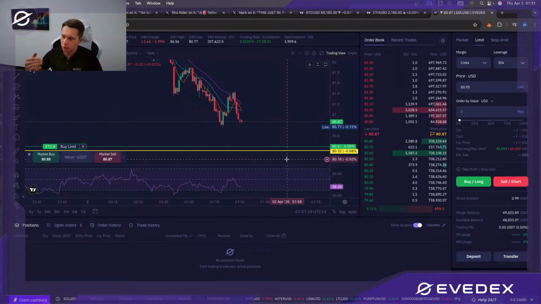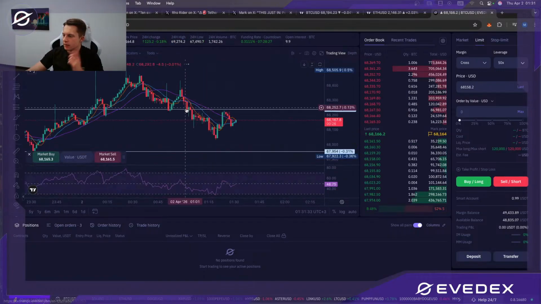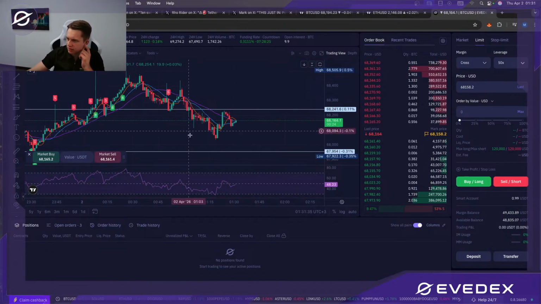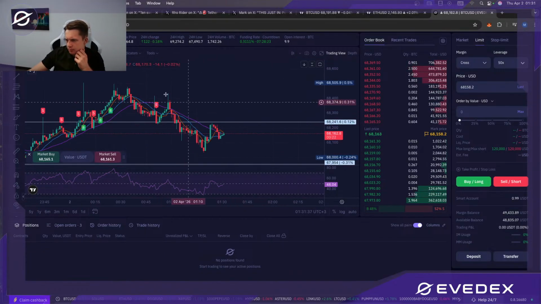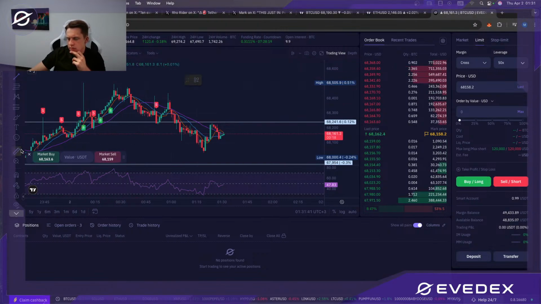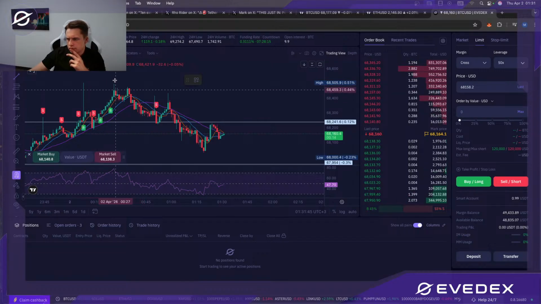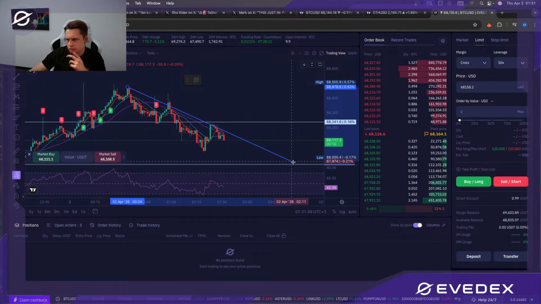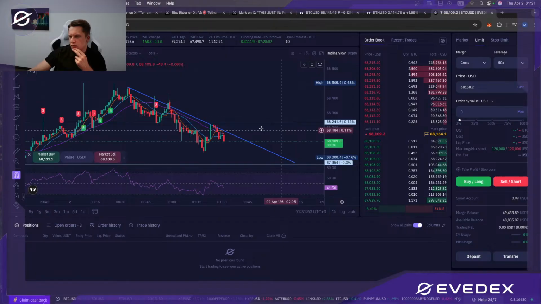So we are getting more bearish as we go on. Bitcoin does look like it's in that bearish downtrend. I kind of see exactly what I'm talking about here.